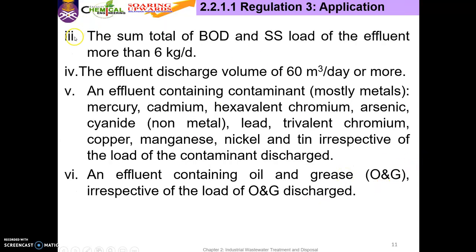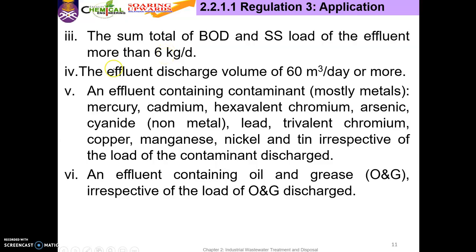So kalau ada any of these 6 items melebihi nilai yang ditetapkan, so kena buat treatment. Let's say kalau semua ni tak reach certain limit yang ditetapkan, so no need to do wastewater treatment.